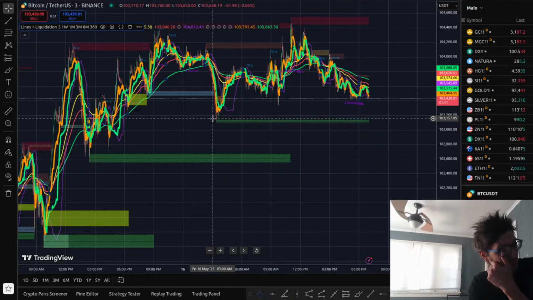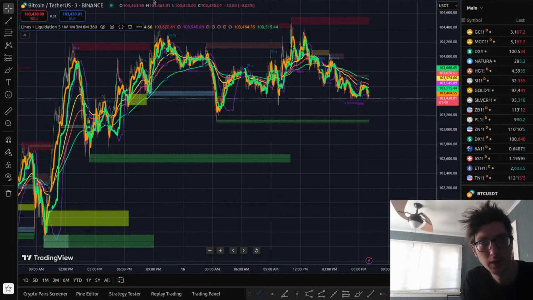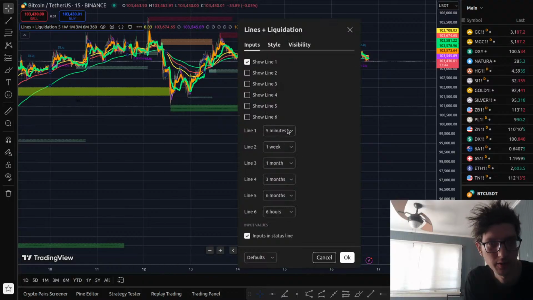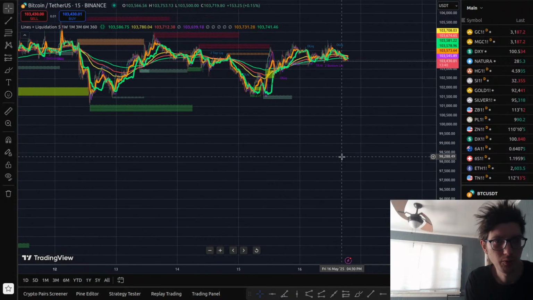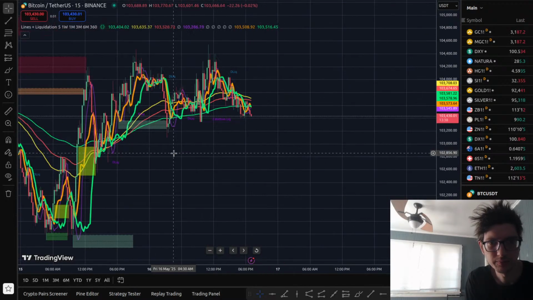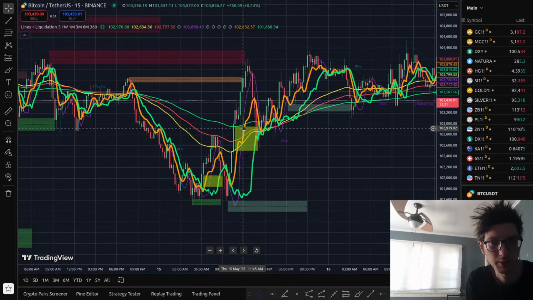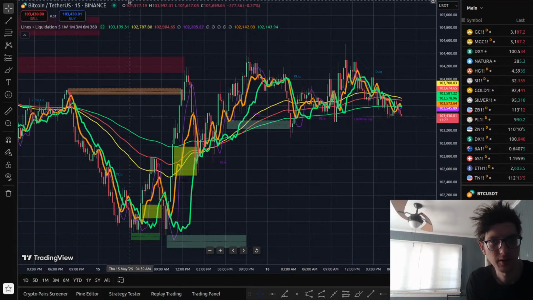But what you don't want to do is load a higher time frame on the chart and load a lower time frame on the line. I mean, you could do that, but it just won't do you any good. You'll see the line hugging price a little bit more, but you can see the same metrics on a lower time frame.